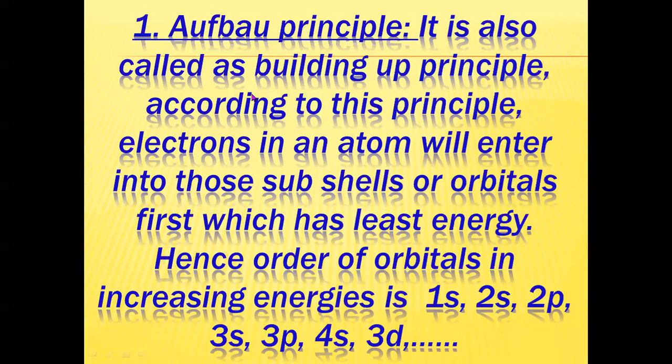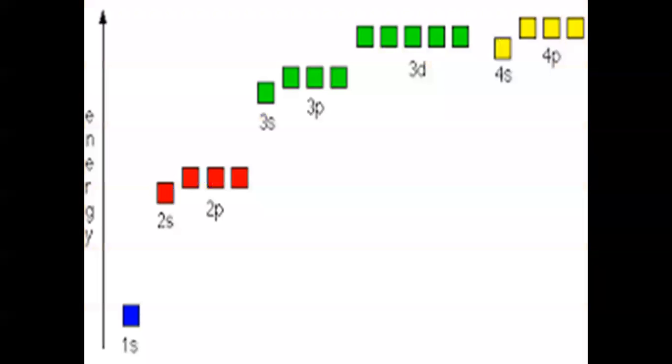And when we write the order of orbitals with respect to energy, the order will be like this: 1s has least energy, therefore it comes first, then 2s, then comes 2p, 3s, 3p, 4s, 3d, and so on. This order is based on the increasing energies of these orbitals.